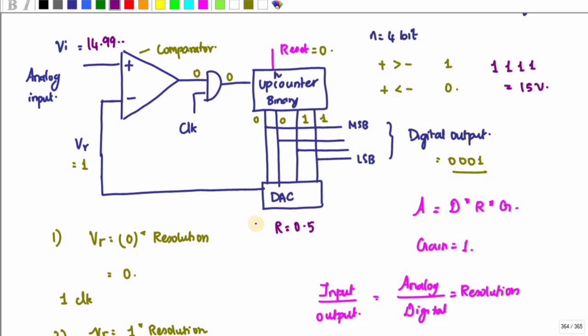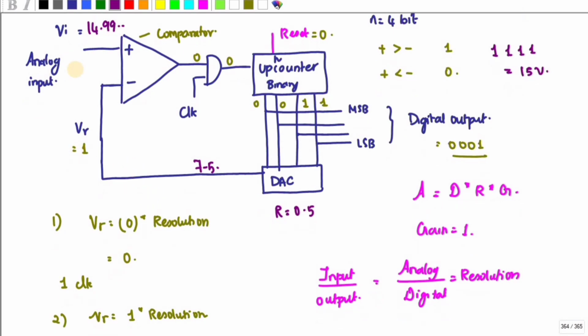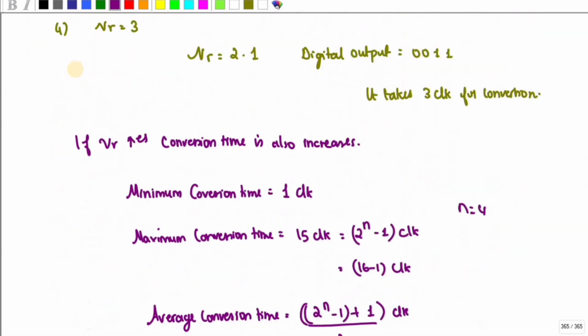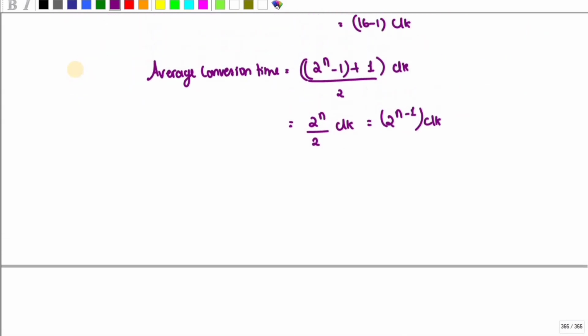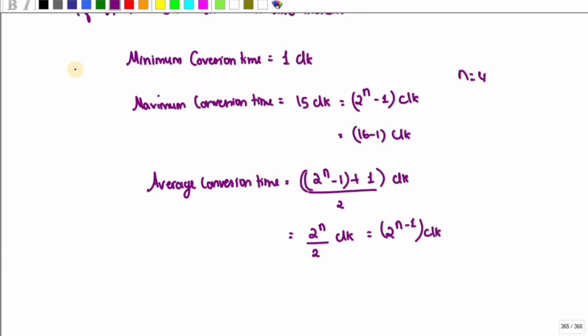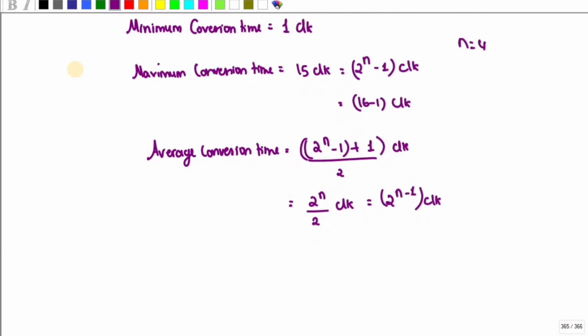So the maximum value will be 7.5. Okay, so you can convert only values up to VA equal to 7.5, that is 7.499. So even though I reduce the resolution to 0.5, the conversion time is the same. It will not change.